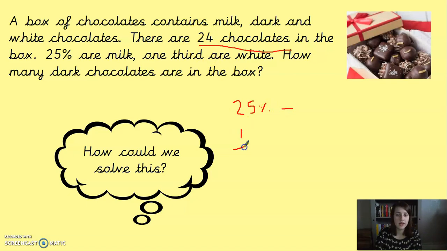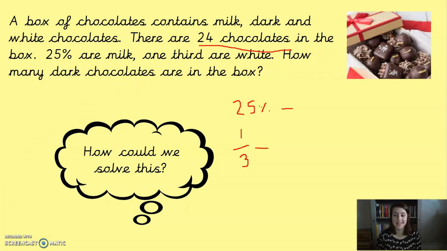And then 1/3 are white. So we've got 1/3 of 24. And then whatever we have left is going to be dark chocolate. But what I want you to do is have a go at it, first of all. I've given you some hints, so you need to find 25%, 1/3 of the 24. So when you add all 3 of your answers up, you shouldn't have more than 24. So pause the video and then come back when you think you've got the right answer.